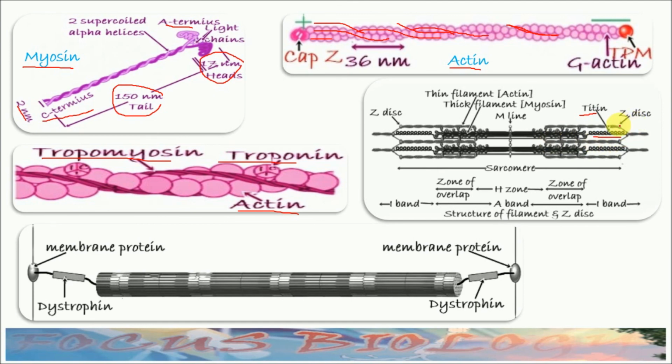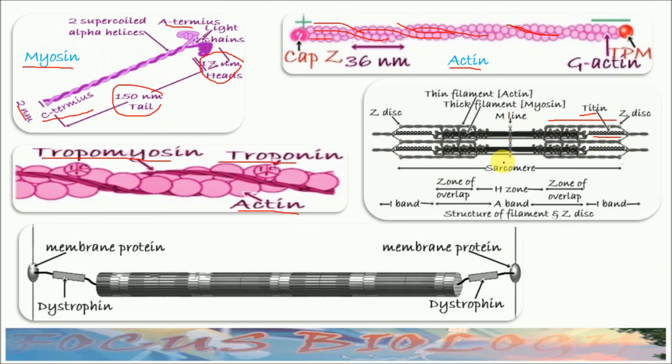The Z disc is made up of alpha-actinin, desmin, and vimentin. These are the proteins that help to associate the thin filament to the Z disc. Here it would be the nebulin protein that regulates the length of this thin filament. So this titin and this nebulin are called molecular rulers, as they regulate the length of thick filaments and thin filaments.